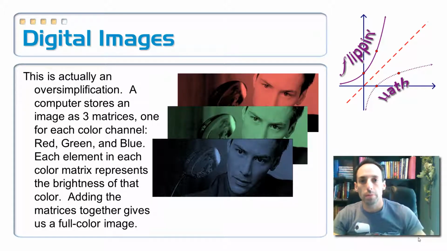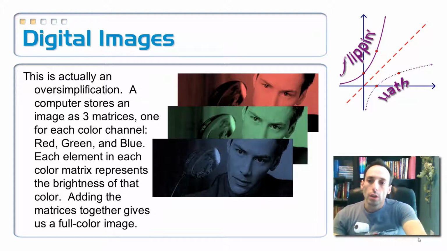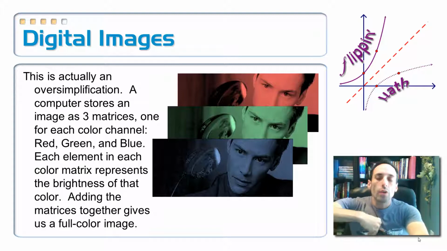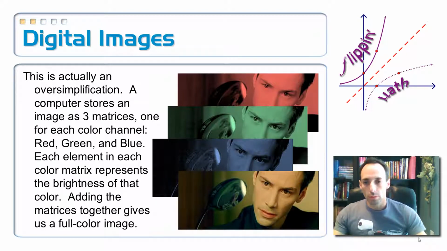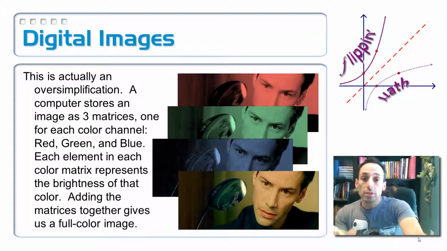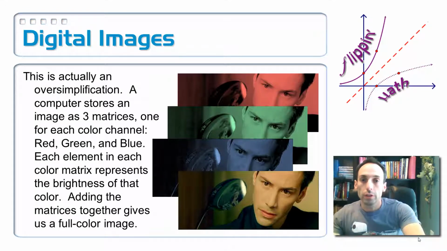Each one of those would be a matrix, with all of its different shadings in red, green, and blue. You add all 3 together and you get the full color image. So a digital image itself is a matrix, and adding the 3 individual color matrices together is like matrix addition.